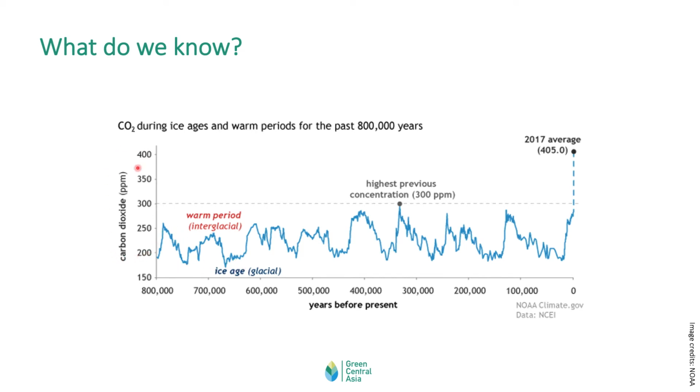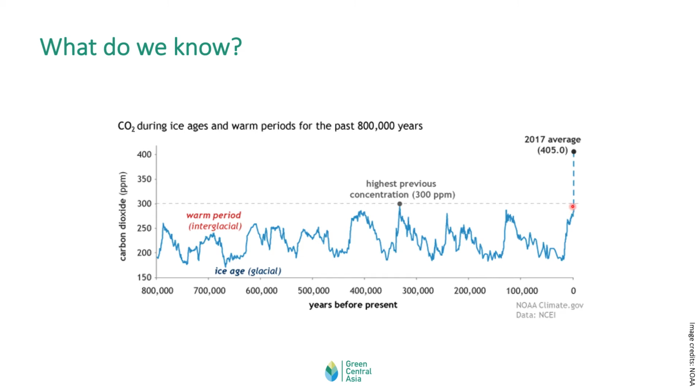Here you can see the carbon dioxide concentration during the last million years. The interesting thing in this plot is that we have never exceeded this limit before in 1 million years.